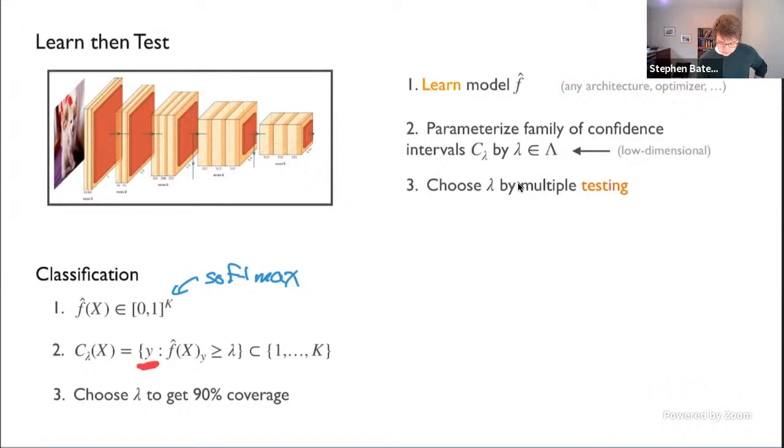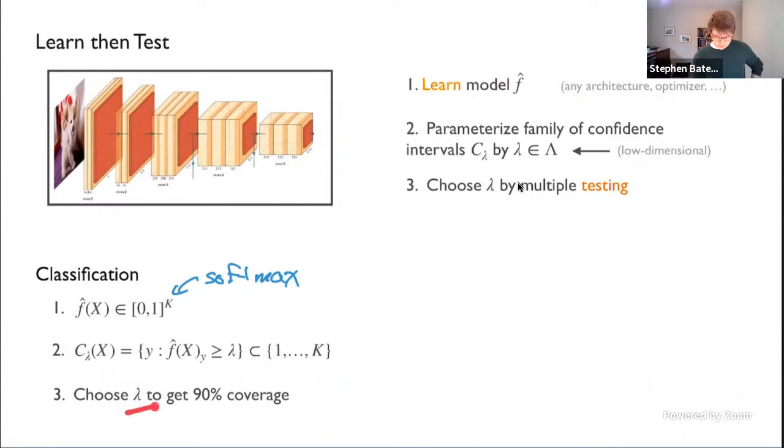I'm going to take all the classes y where the estimated softmax score exceeds some threshold lambda. So I'm going to pick all the classes that have probability exceeding lambda for some lambda. This is a set of possible confidence sets indexed by this parameter lambda.